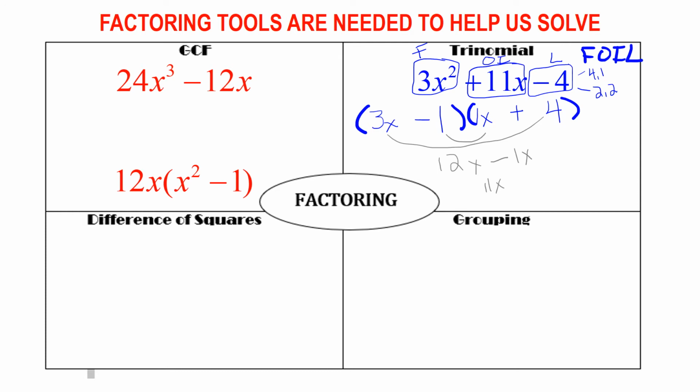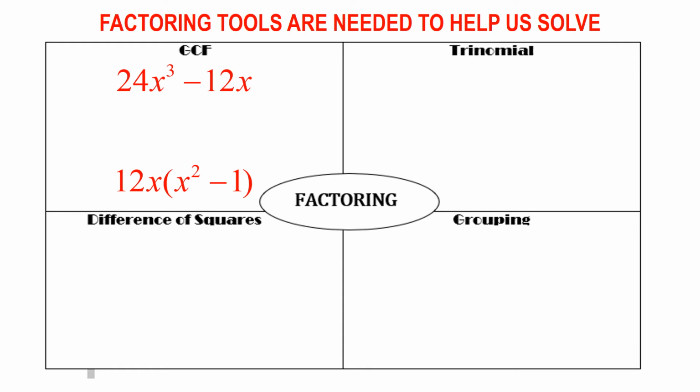We have to think to the FOIL method to remember first times first, last times last, and then outer plus inner gets me that 11x on the inside. So my final answer is what's in parentheses, and I'll circle that in red: 3x minus 1 times x plus 4.